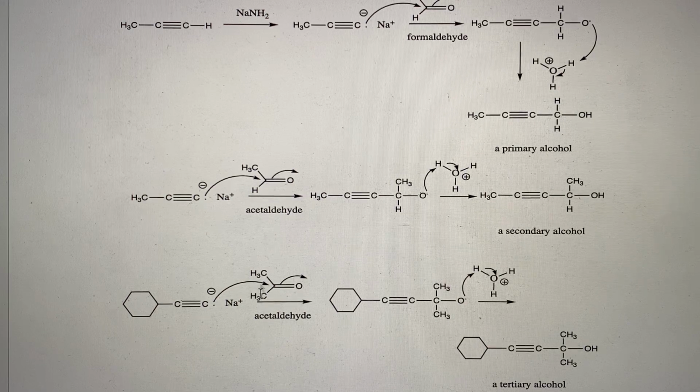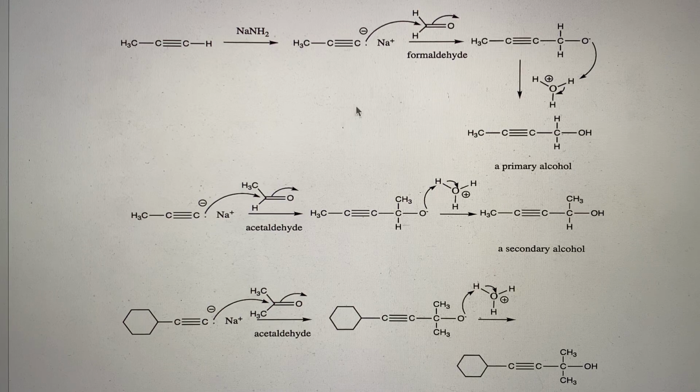And then here's more examples for you. With an aldehyde, you get a secondary alcohol. With a ketone, you get a tertiary alcohol. So it's really a powerful reaction where we just have to pick the coupling electrophile, okay, where we're going to connect either formaldehyde, an aldehyde, or a ketone.